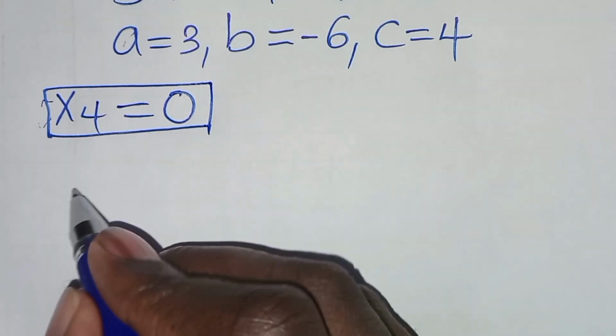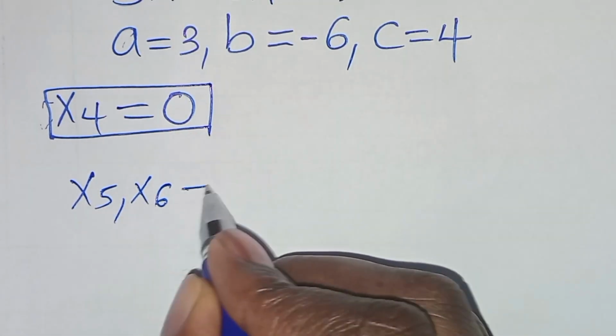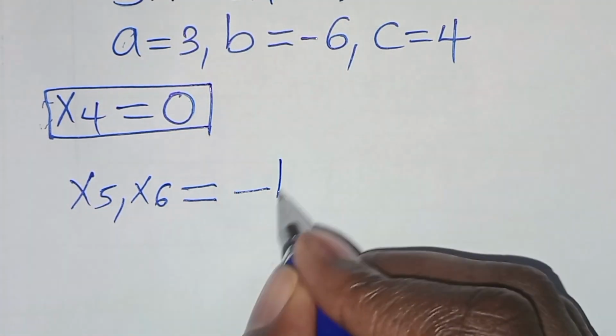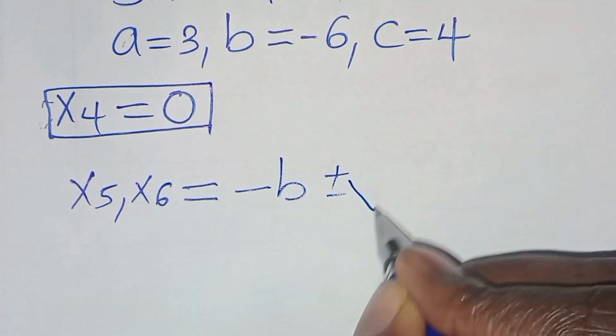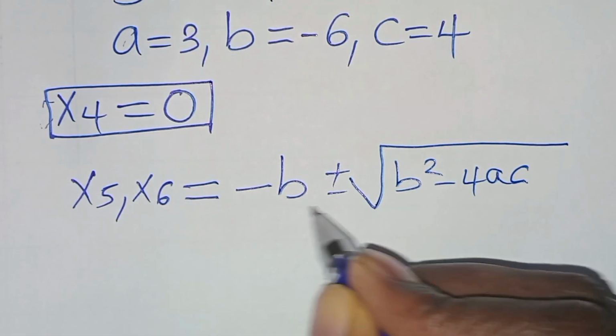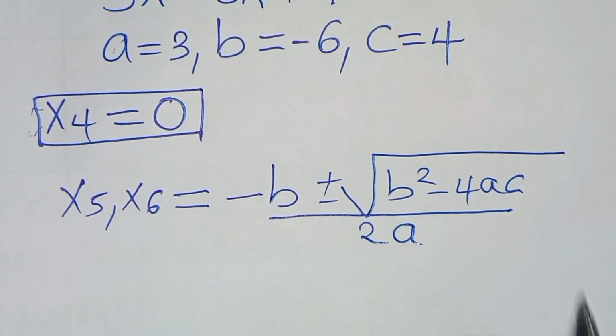We can solve for x5, x6, and this is equal to, apply the quadratic formula, minus b plus or minus the square root of b squared minus 4 times a times c, then over 2 times a.